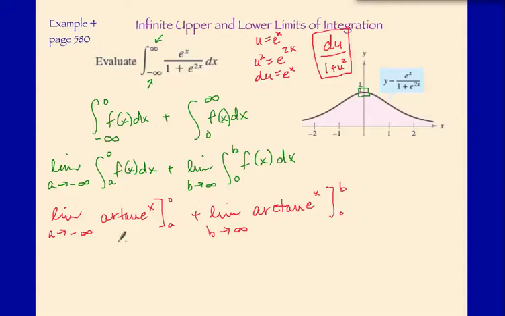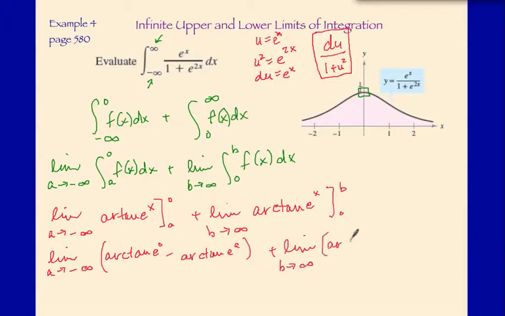When we plug in 0 and a, remember we're not going to take the limits yet. We're just going to say limit as a approaches negative infinity of arctan e to the 0 minus arctan e to the a, and then of course plus the limit as b approaches infinity of arctan e to the b minus arctan of e to the 0.